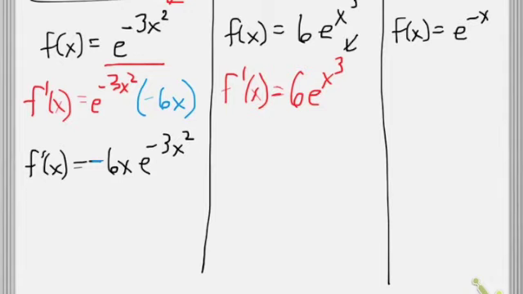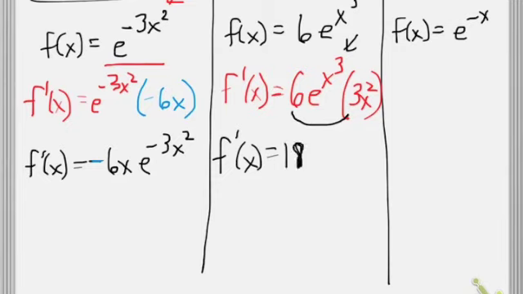I'm writing x cubed, okay, times the derivative of x cubed, which is 3x squared. So when we clean this up, I'm going to multiply my 6 and my 3 to get 18 x squared e raised to the x cubed.